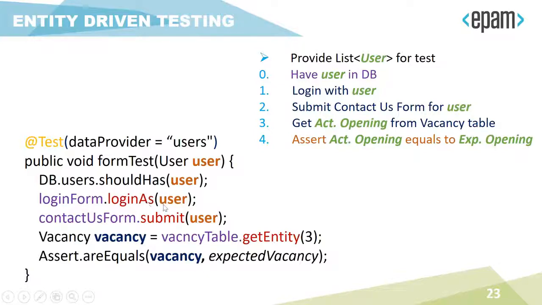It's already in the page objects in the framework. We also can get an entity from, for example, a table, and we can assert equals our entity with expected, with no additional code or effort here if we use a data class.